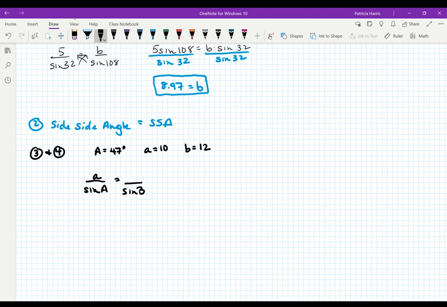Should say 12. All right, here we go. Cross multiply. Oh, sorry, little a is 10, and A is 47. Okay, so 10 times sine B is equal to 12 times sine 47. Divide each side by 10.